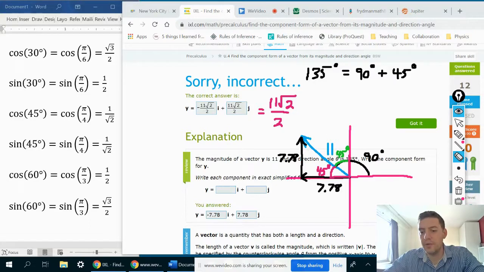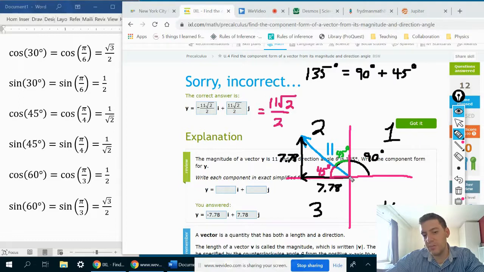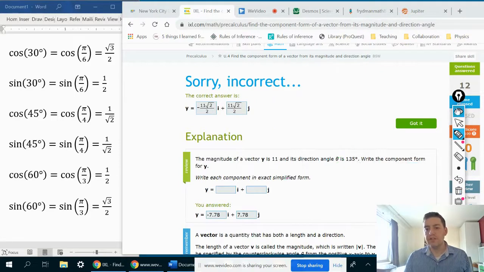I don't know if you remember from another video that this is the first quadrant, this is the second quadrant, this is the third quadrant, this is the fourth quadrant. So if we have a direction angle of 135 degrees, then the vector would be in this area, which means that the horizontal component would be negative and the vertical component would be positive. So that's how we know to put a negative here and a positive here. Okay, so let's move on.